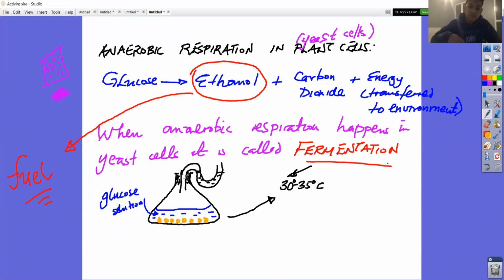Wait, is that part at the top of that tube open? Yes, it's open, just open to the air. And so doesn't oxygen still get in? No, oxygen can't get in because it's blocked. There's water here. So the U-tube looks like this.